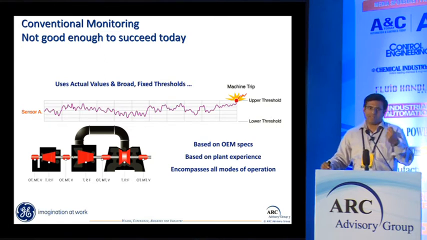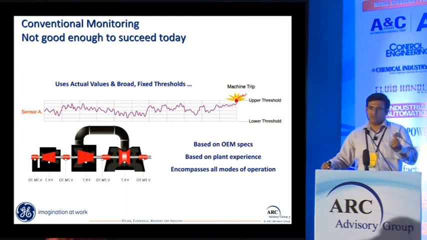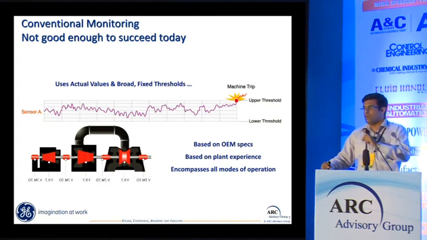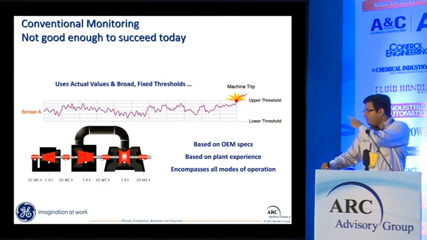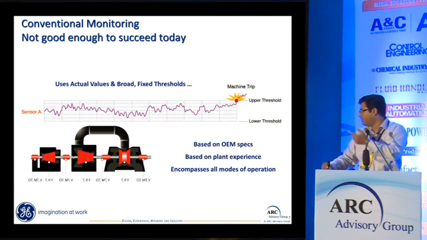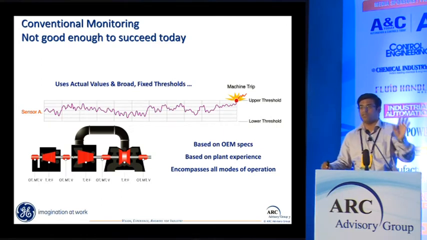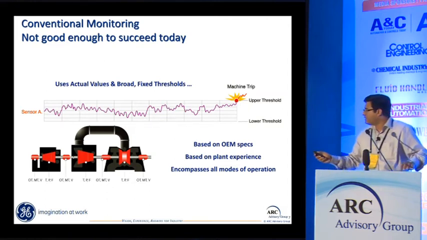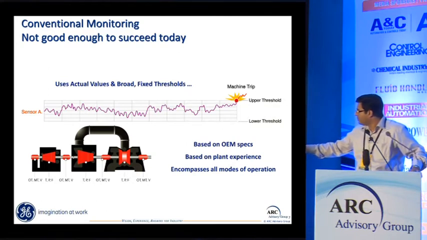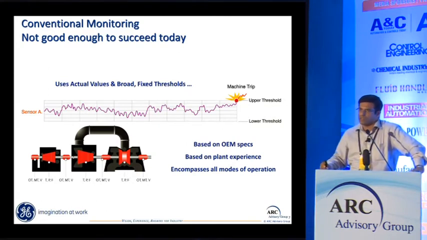Whatever you defined as an alert, or more importantly, as a threshold. With that threshold, whether it is the OEM specs based on plant experience, or you are encompassing all the modes of operation, but what about the dynamics somewhere in between the threshold?